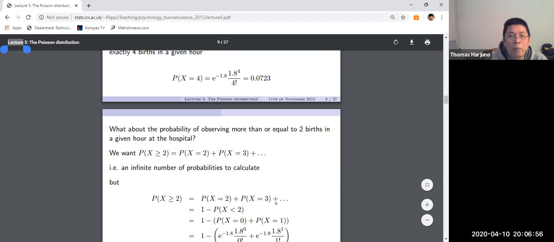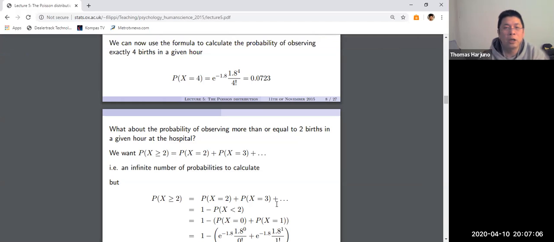What about the probability of observing more than or equal to 2 births in a given hour?